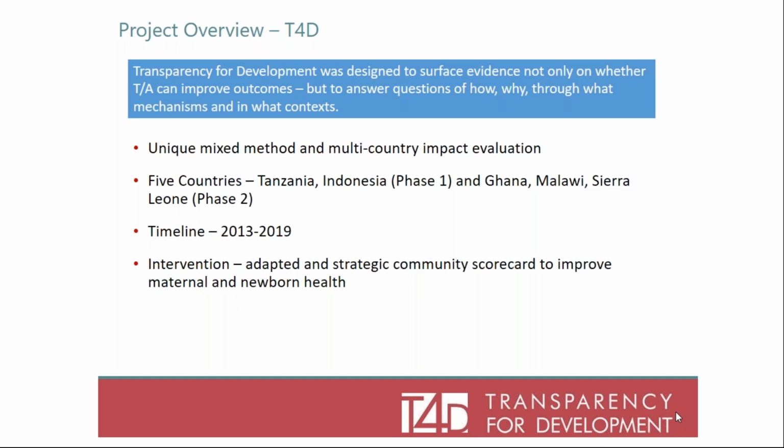But at the same time, working with a lot of local partners who were continuously hearing from development partners saying, what we want to do is bring in a community scorecard or bring in a light touch approach to accountability.